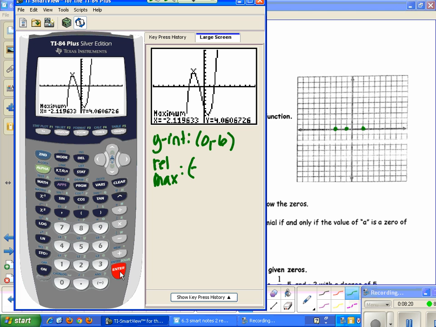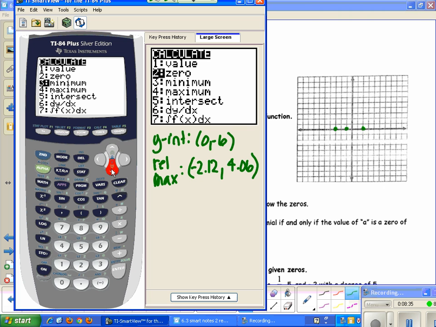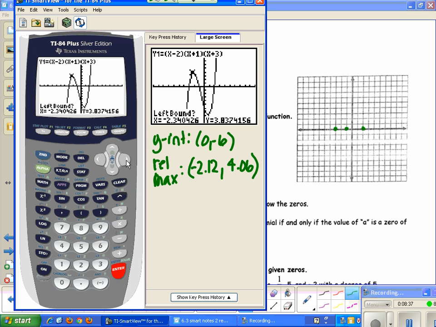And I'm going to write down the x and the y just so that I can graph it in a second. So that would be the point. And then I'm going to do the same thing, except now I want the other point, which is the relative min. So second trace, now I have to do minimum, and then use my right arrow to scroll over. Something to the left of that minimum would be on this side.